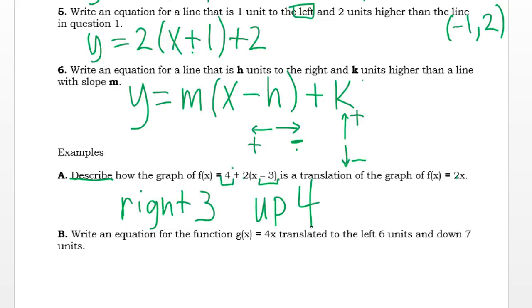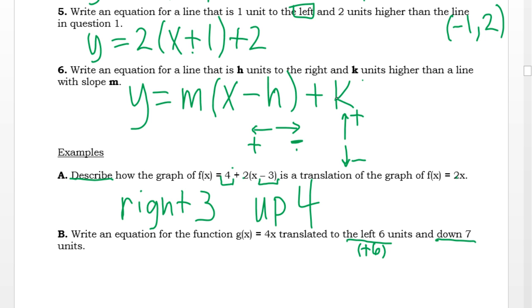Letter B says write an equation for the function g of x equals 4x, translated to the left 6 units and down 7 units. So if I want to go left 6, left and right is affected inside the parentheses. So I want to go left, that'll be a plus 6 in the parentheses. The down is affected outside the parentheses.